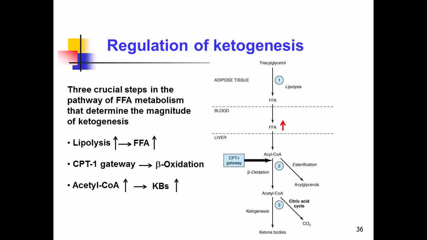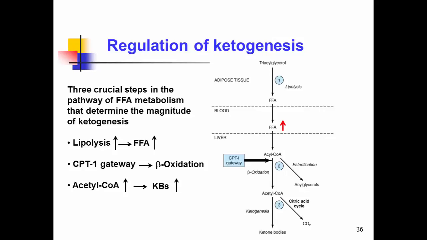is the second key point that can regulate the ketogenesis rate. And lastly, the acetyl-CoA levels, which make a lot of sense, right? If we have more acetyl-CoA, then you should have more substrate for ketogenesis. So anything that can control acetyl-CoA levels can also regulate ketogenesis, right?